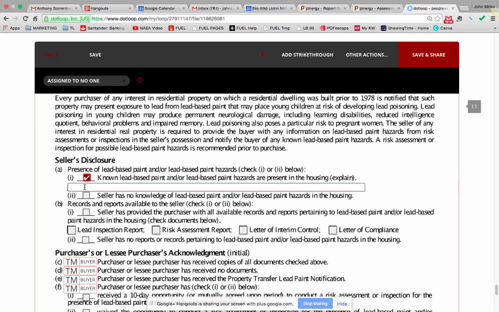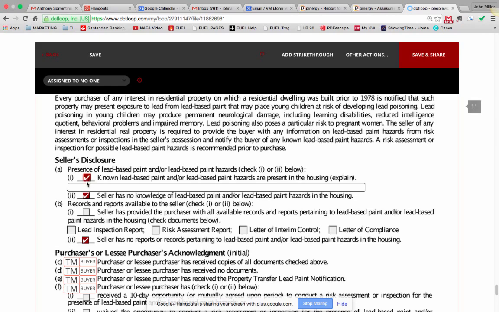Gotcha. So let's say they know that there's lead. Now B, still working with the seller: records and reports available to the seller. Check one. The seller either has no reports, 1 or 2. Don't check both. It's either 1 or 2. If they have no knowledge of lead-based paint and they have no reports, then it is what it is.